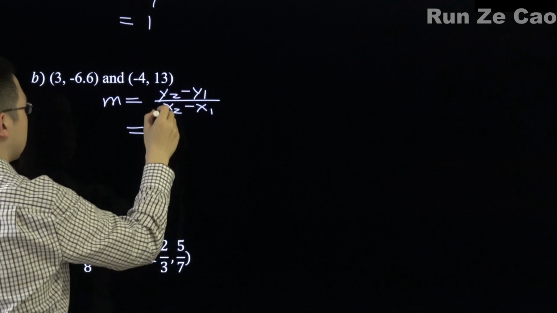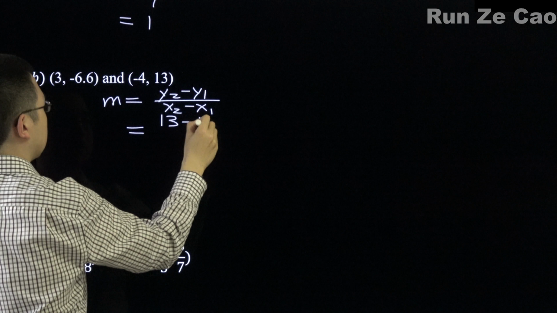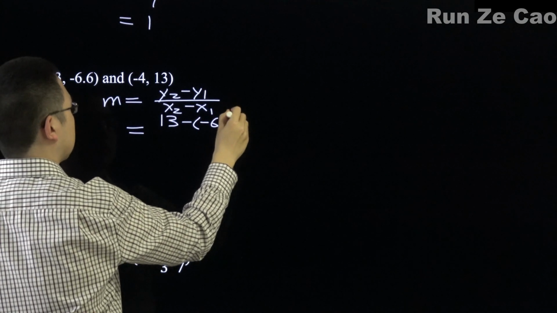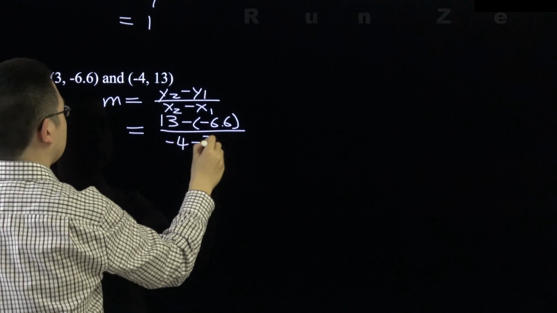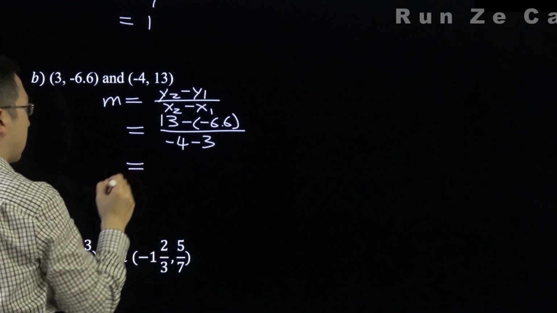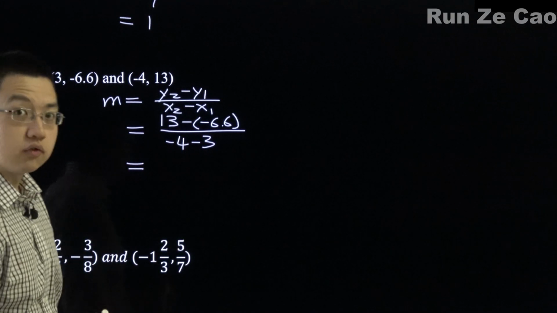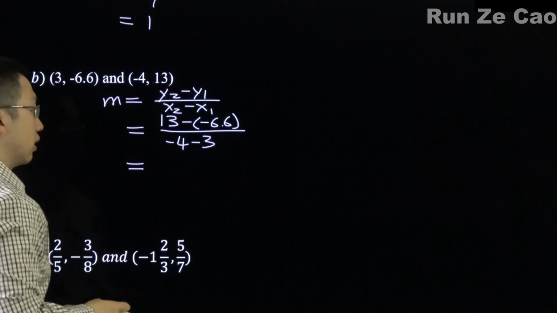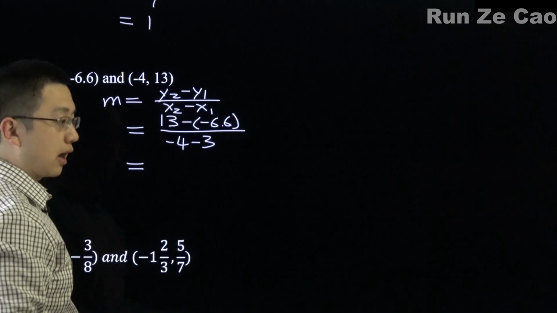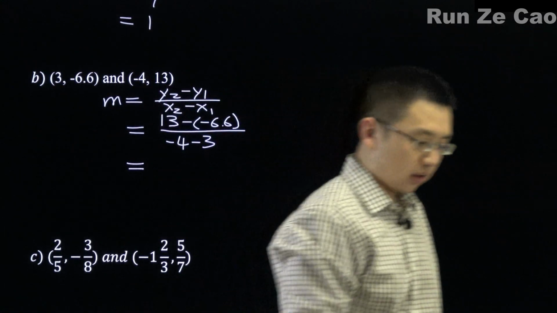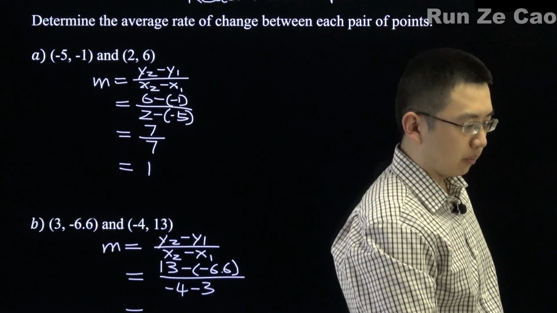So this is 13 minus negative 6.6 over negative 4 minus 3. Yes, okay, I do realize we all, hopefully, remember this stuff, but it is done in the texts for calculus, which I admit is a bit of a surprise.